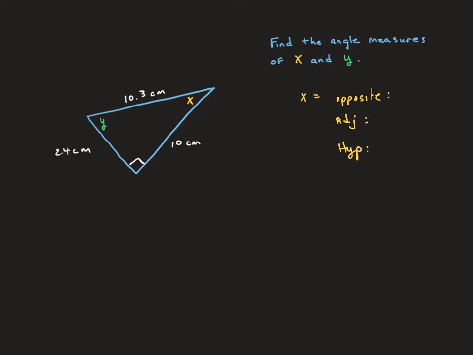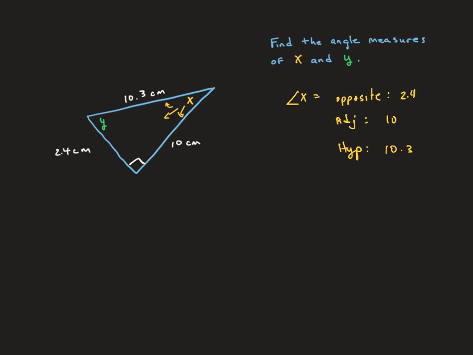When I'm talking about angle x, the opposite is going to be 2.4. The adjacent is going to be 10, and then the hypotenuse is going to be 10.3. And judging by those measures, I hope you realize this triangle is not drawn to scale.